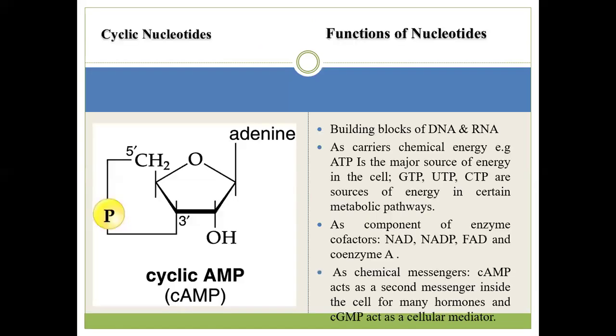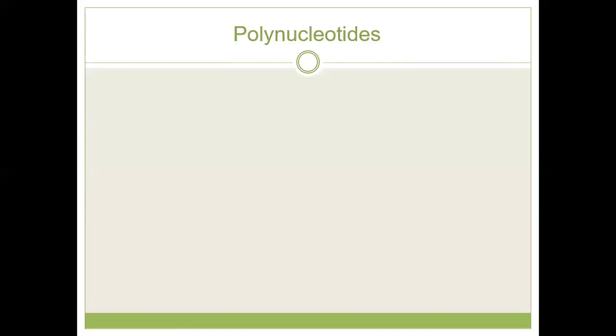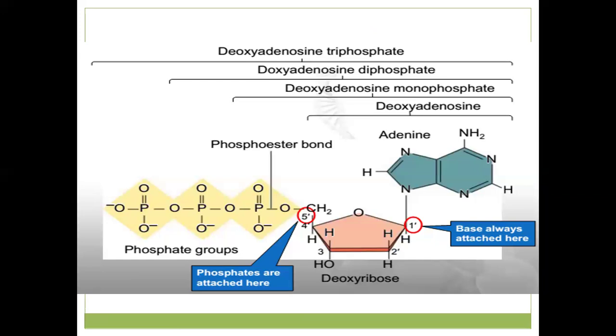No, sir, I didn't get it, please. In a polynucleotide, remember, I said the phosphate group can be attached to two positions: the 3' of the ribose sugar or the 5' of the ribose sugar.